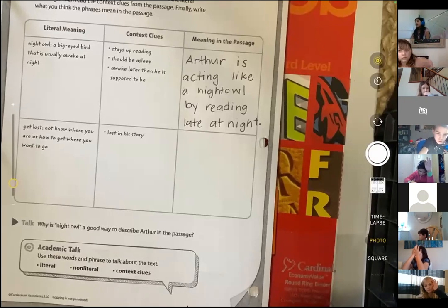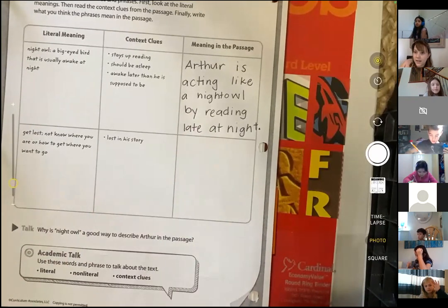Because lost in the story means he's like reading too far, kind of like he mostly just focuses on his book. Yeah, right. So it would be the non-literal. Okay, so it's not saying he like jumped inside his book and didn't know where to go, right?